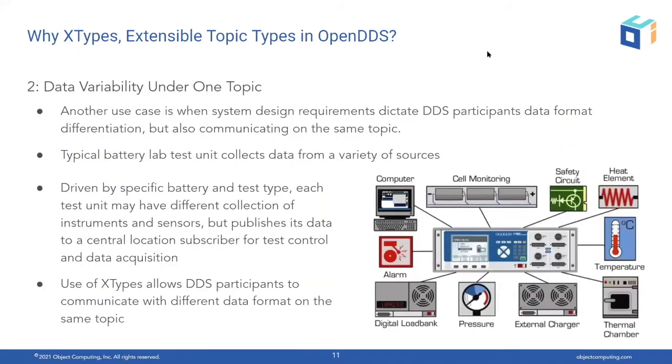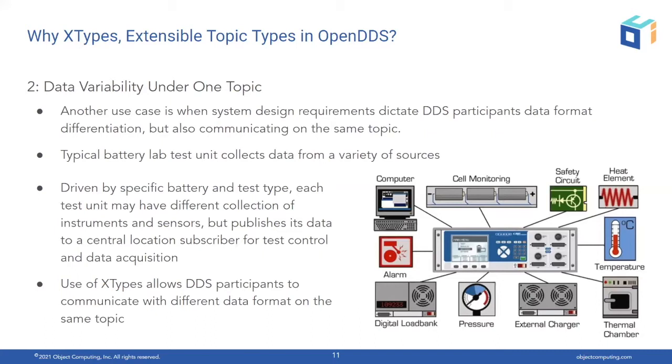The second scenario is when the system design requires DDS participants' data format differentiation, but also communication on the same topic. One example would be a typical battery lab test unit, which collects data from a variety of sources like multimeter, temperature chamber, external charger, etc. Some units would not be equipped with a temperature chamber.